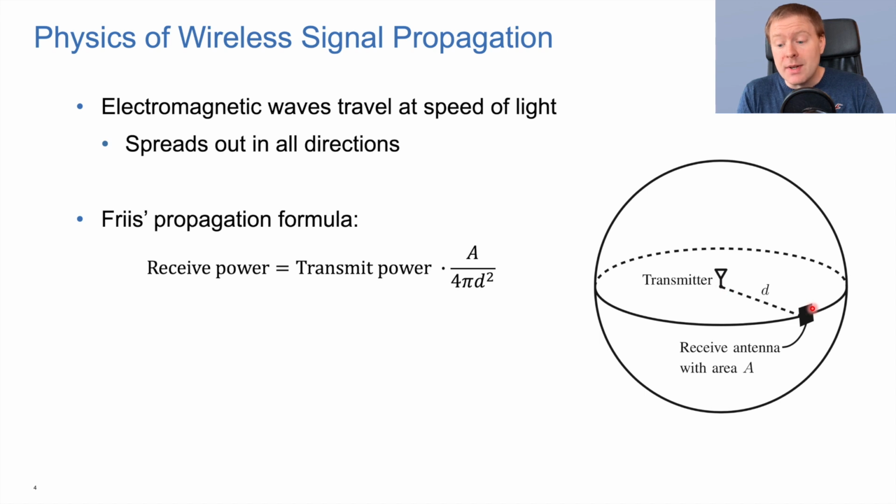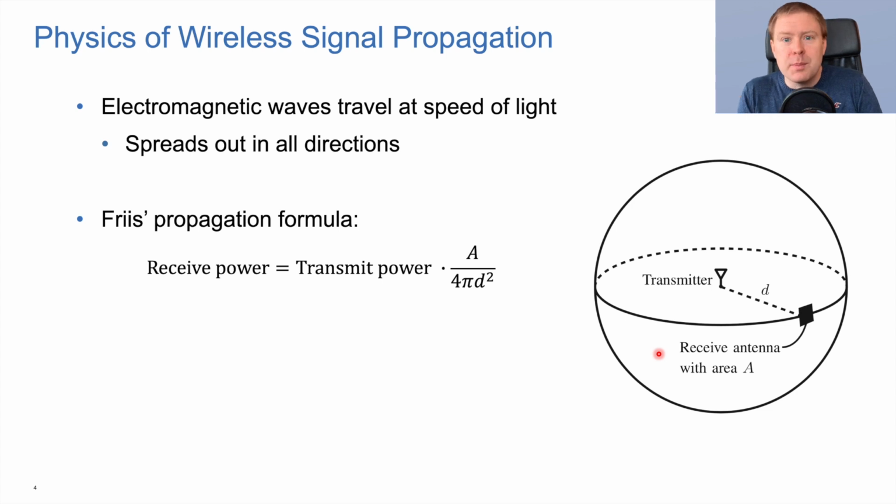And if we have a receive antenna at that distance with an area A facing the surface of the sphere, then we can compute the received power, which is going to be the size of this receive antenna, the area A, divided by 4 pi d squared, which is the total area of this sphere.